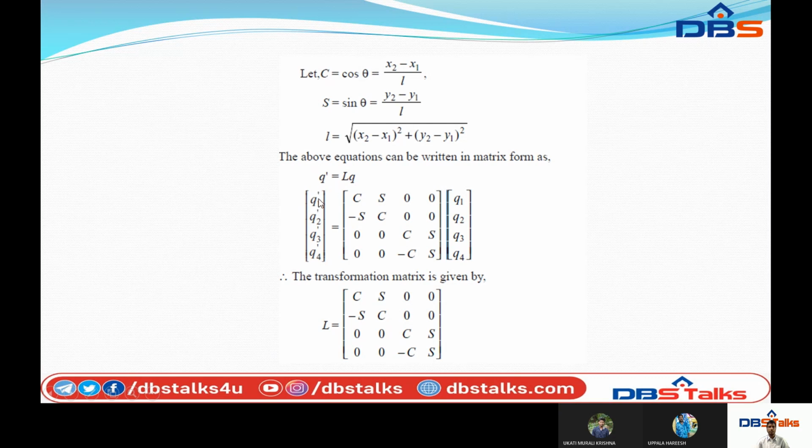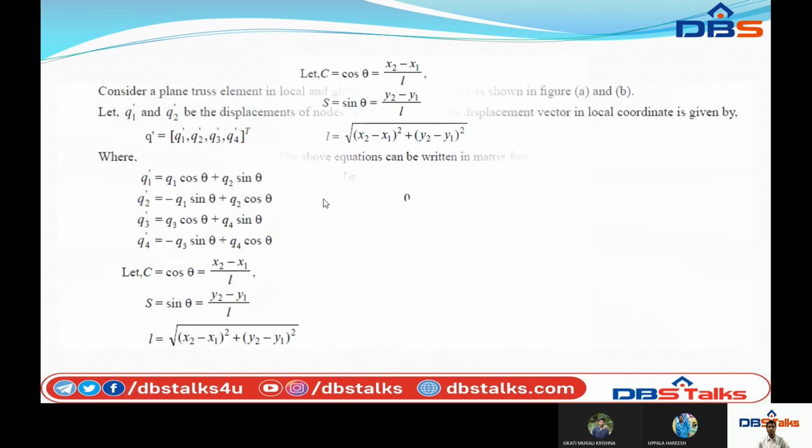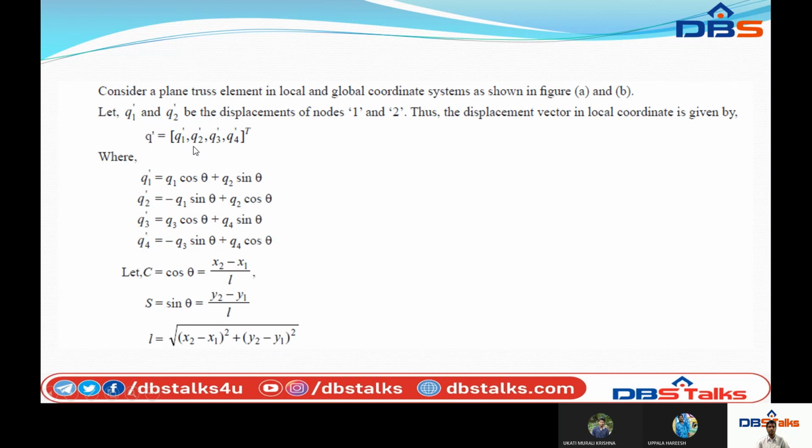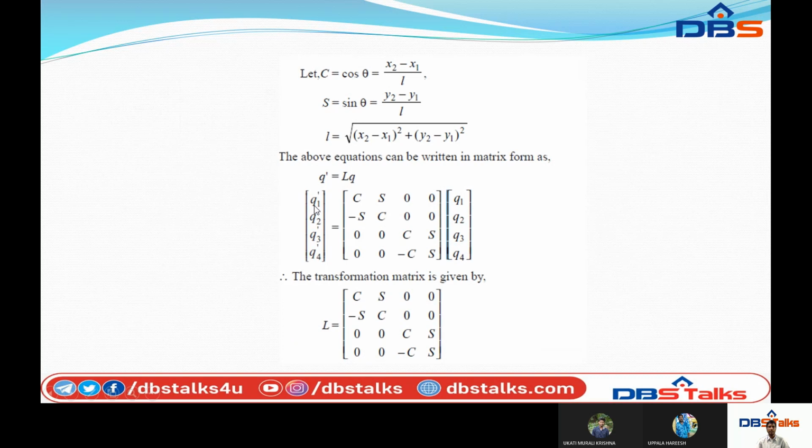Then Q dash equals Q1 dash, Q2 dash, Q3 dash, Q4 dash. Instead of L, we already know that L equals square root of x2 minus x1 whole square plus y2 minus y1 whole square.